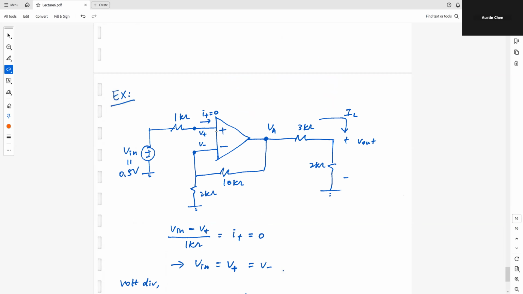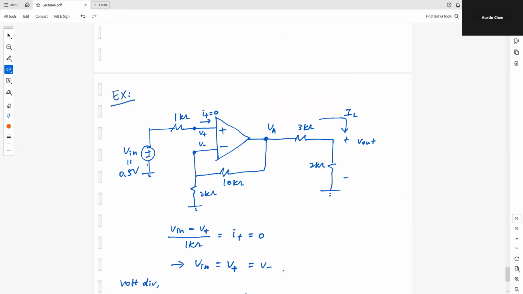Before you start doing anything, perhaps it's a good idea to first look at the circuit for a little bit, and then try to strategize what you want to do to find the output voltage, or V out over V in.